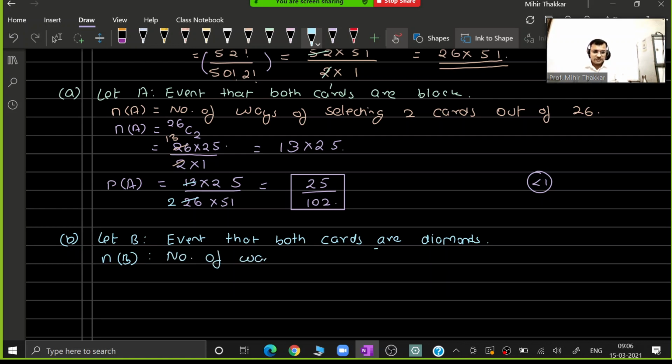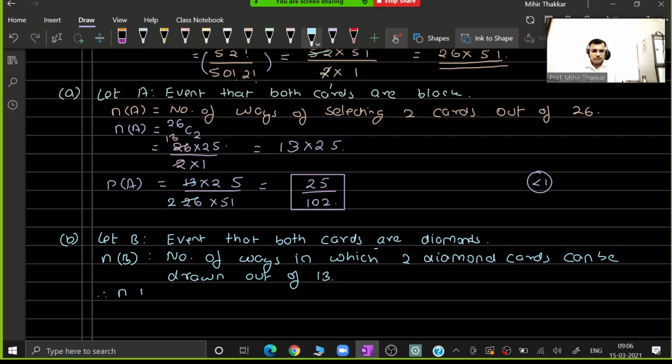number of ways in which two diamond cards can be drawn or selected out of 13.